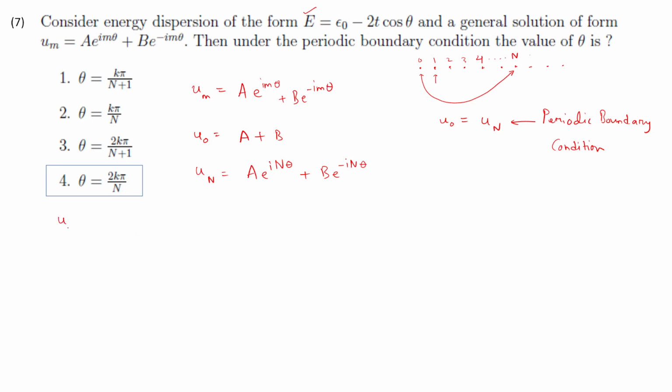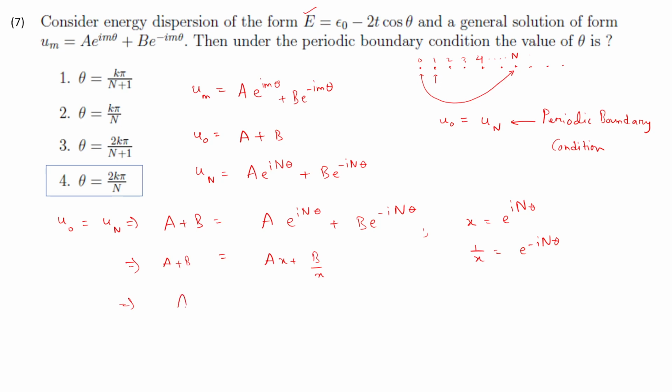Now if you want u_0 equal to u_N, then A plus B is equal to A e to the power i N θ plus B e to the power minus i N θ. Just for simplification, let x equal to e to the power i N θ. So 1 by x will be e to the power minus i N θ. So we will just use that Ax plus B by x equals A plus B.